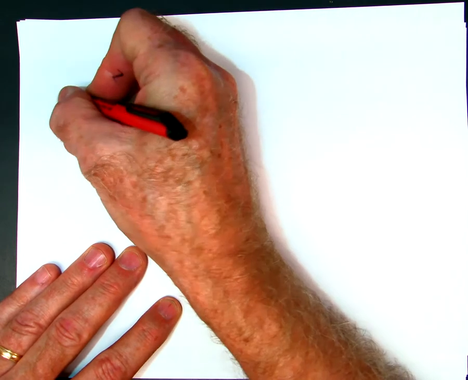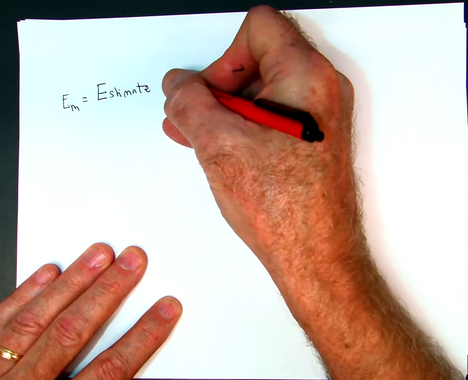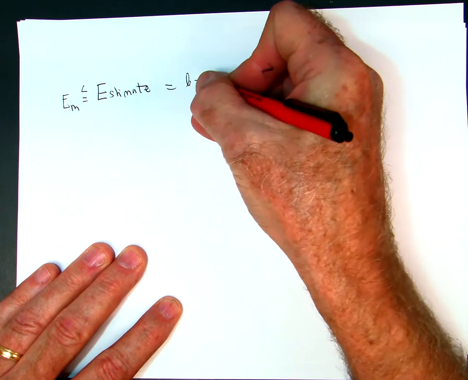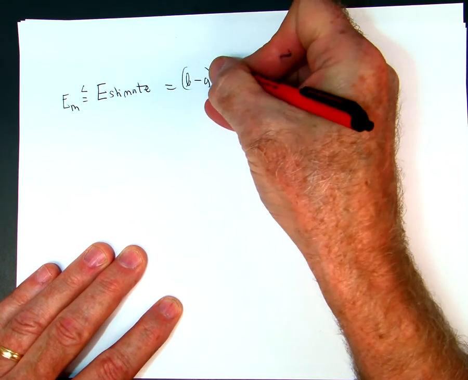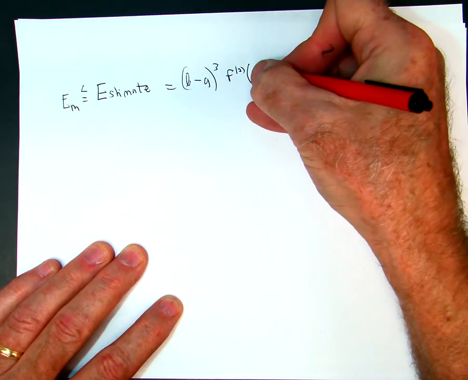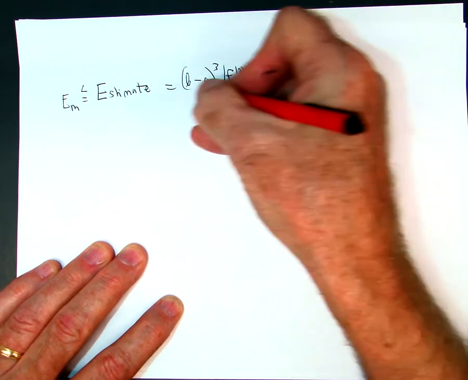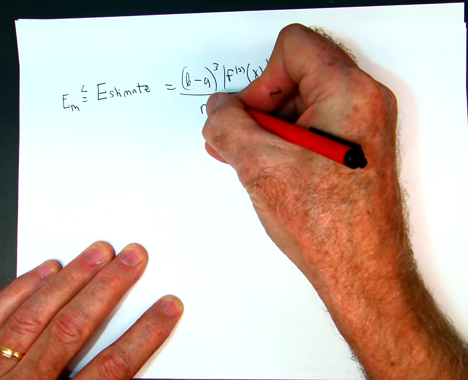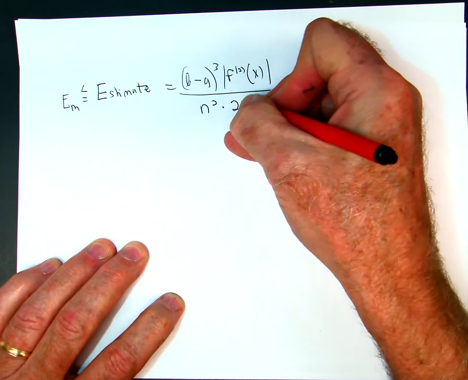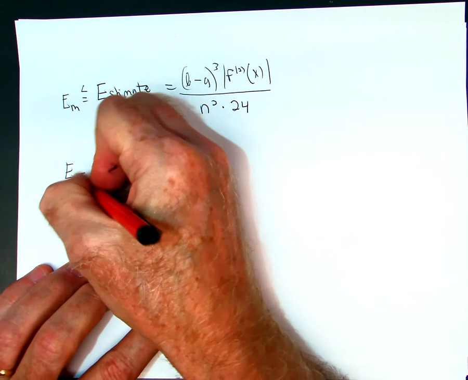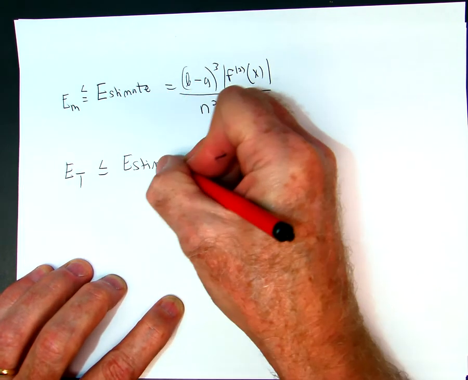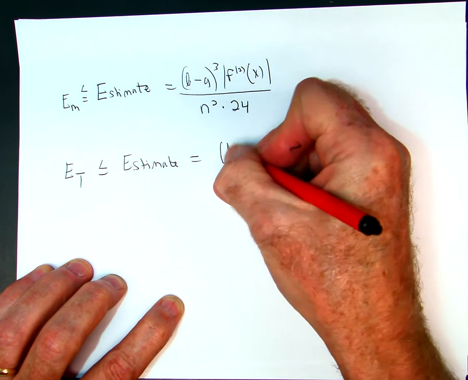The midpoint error is going to be less than or equal to the estimate, and the estimate is equal to b minus a cubed, times the max of f double prime of the function, over 24 n squared. And then the trapezoid estimate, the actual error is less than or equal to the estimate. It's the same thing.